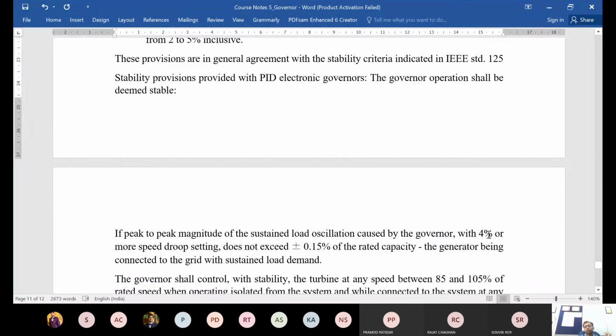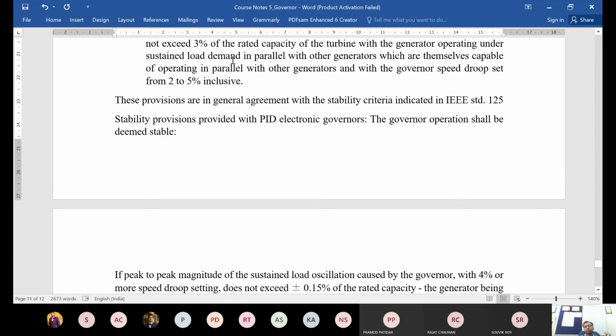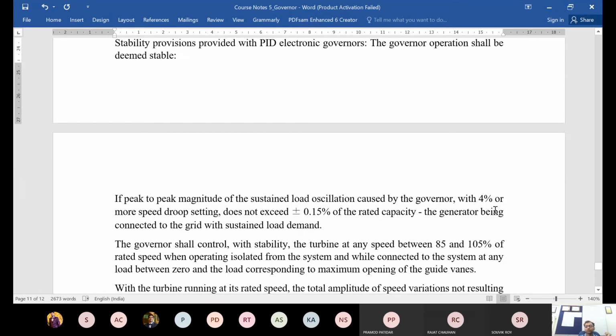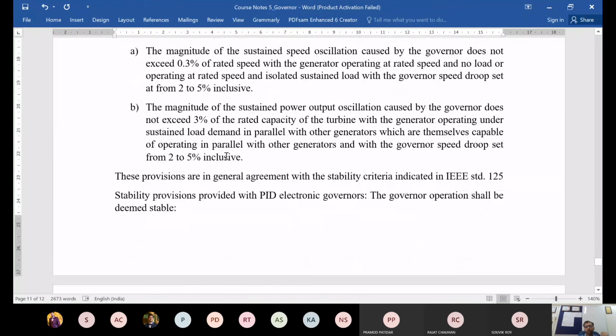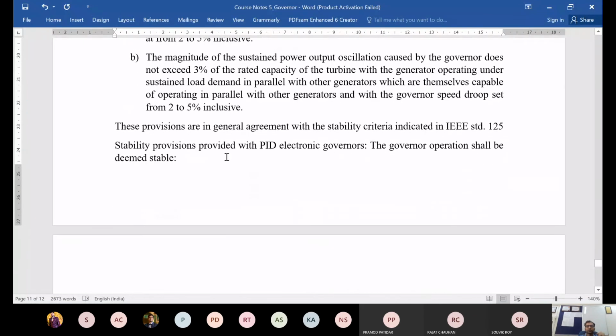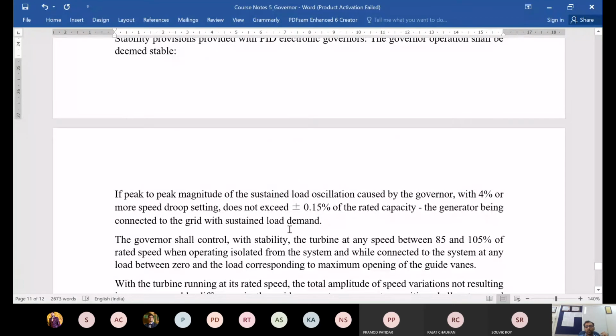Also, the speed group is now defined differently: earlier a range of 2 to 5% was given, but now the standard says it should be 4% or more speed group settings. So 4% or more is allowed. It is very stringent, and that's another advantage of the electronic governor. You can expect a much tighter variation, the oscillation will be very small, and much more stringent operation can be expected.